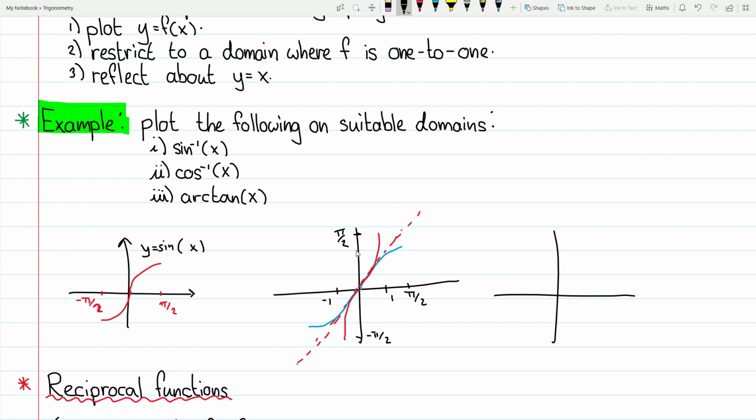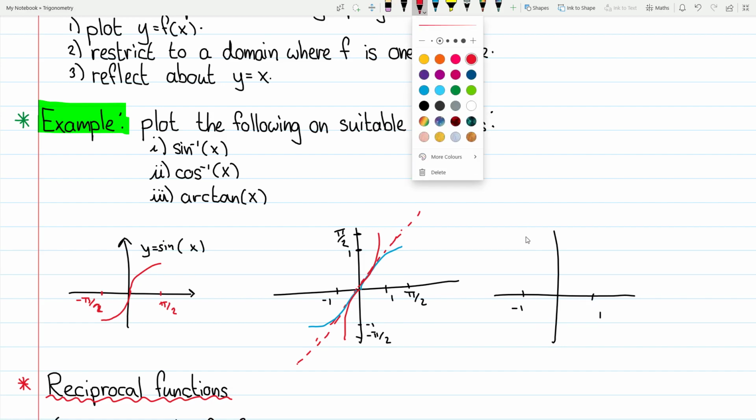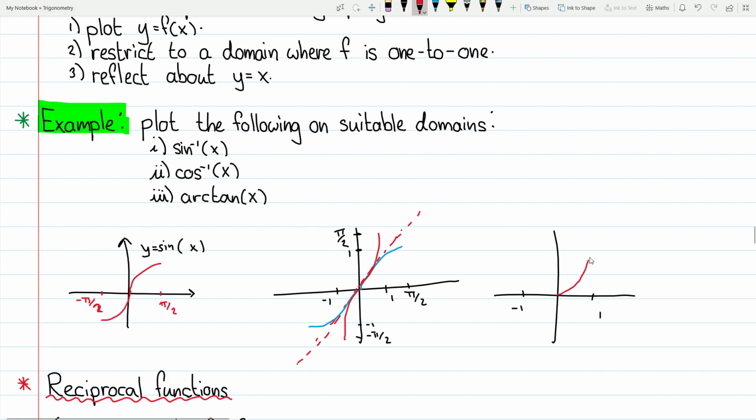Similarly, the maximum of sine is 1 and the minimum is negative 1, so when you reflect, that becomes the domain. So when you go from negative 1 to 1, our inverse sine function becomes this. So this is y equals sine inverse x.